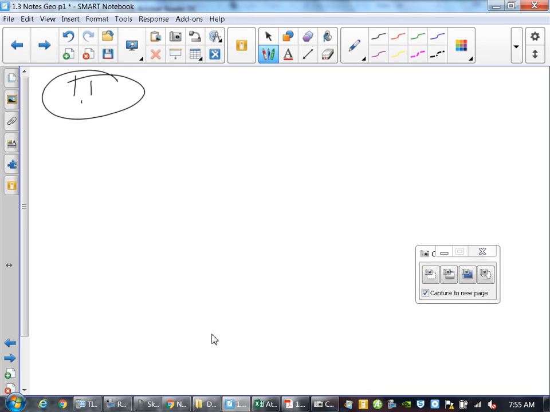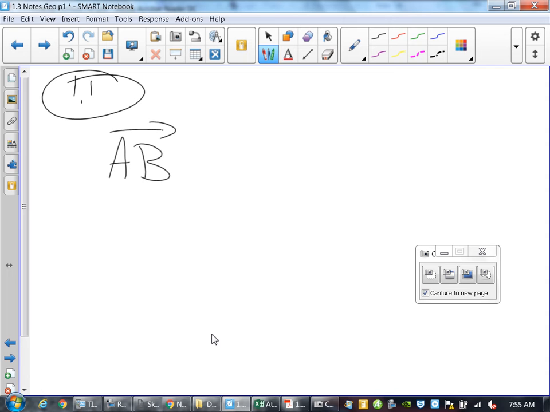For example, when we're talking about rays, if I say we have ray AB and I want you to draw that, what does it look like? How would you draw that? It doesn't matter which way, as long as you know which one's your endpoint.